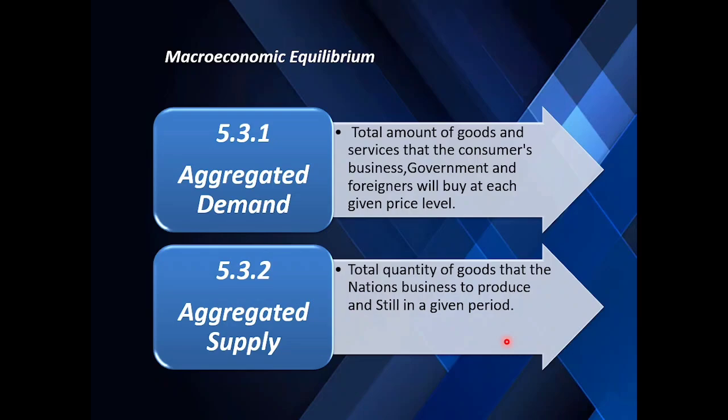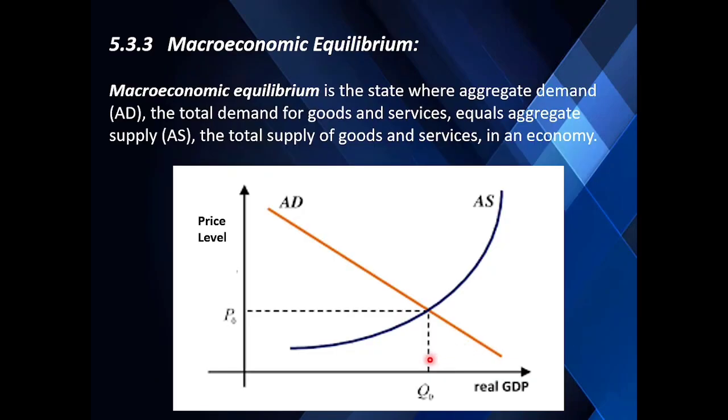We see that aggregate supply is closely linked to the national capacity or potential output. In the short run, the aggregate supply curve is upward sloping. This means as prices rise, firms are willing to produce more because it becomes more profitable.